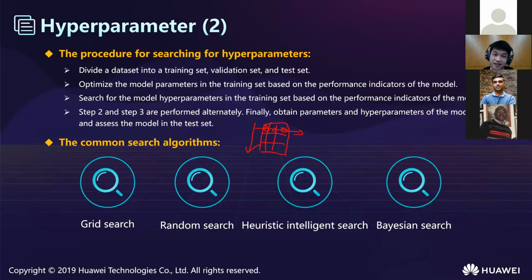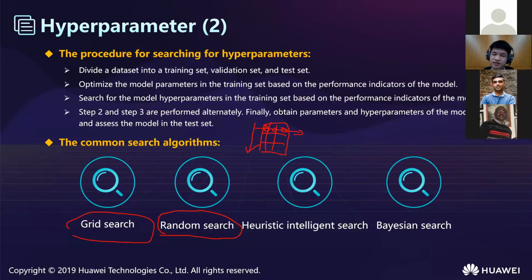Okay, if there are only one or two hyperparameters we need to search, we can use the grid search. If there are more than three, we cannot use the grid search because it needs a lot of compute power. And then we can use the random search. It's quick, but maybe we cannot find the best group of hyperparameters.